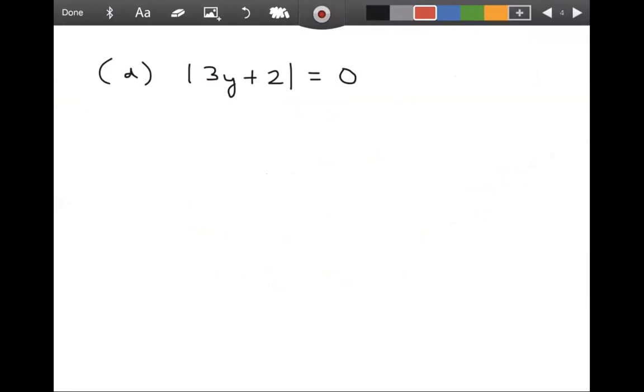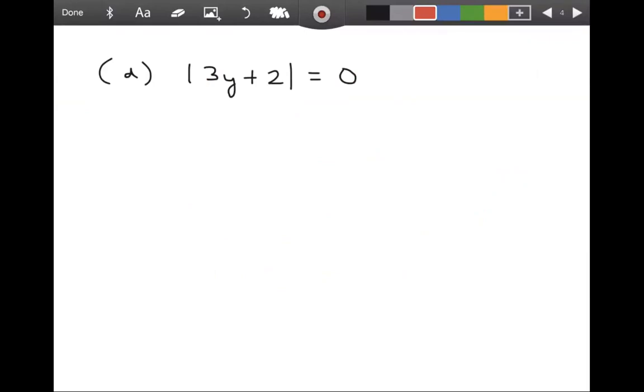All right, what's different about this one? The absolute value of 3y plus 2 is equal to 0. Well, what's different about this one is that the number on the right side is not positive. It is 0. So this is one of those special cases.